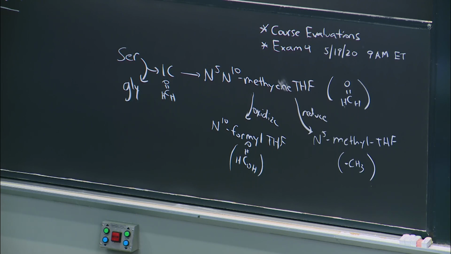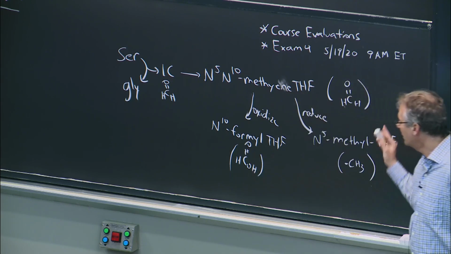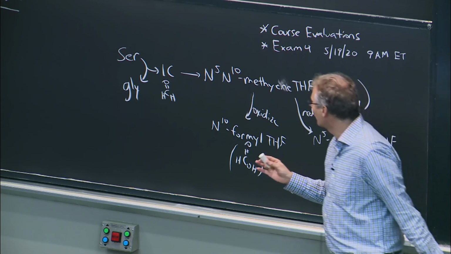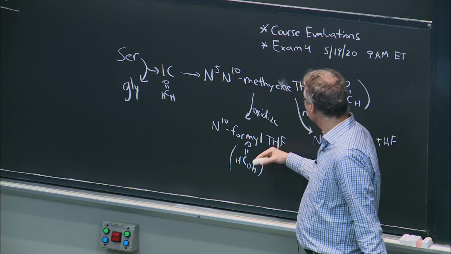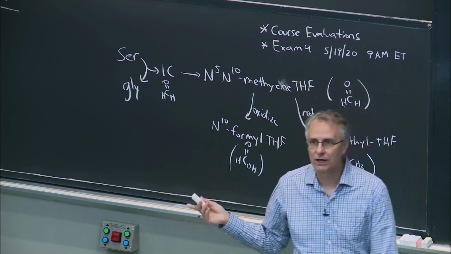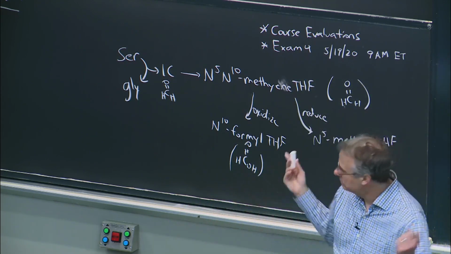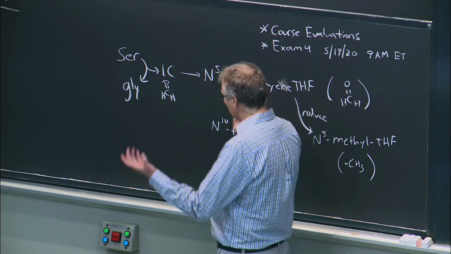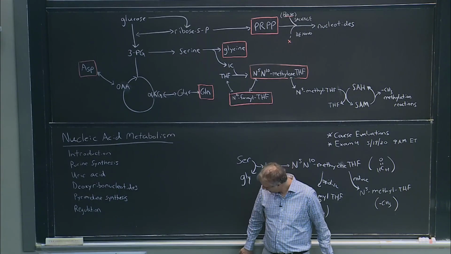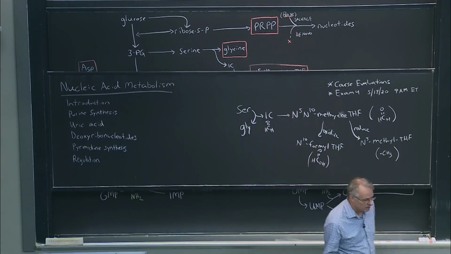And so try to cut through all the names and whatnot and just realize that it's simply transfers of carbon in different oxidation states. The relevant ones today are going to be N10-formyl and N5,N10-methylene-THF, because it turns out generating those oxidized one-carbon units, formate groups, et cetera, is going to be important for purine as well as thymidine synthesis.